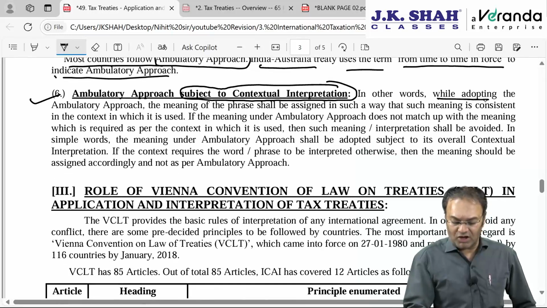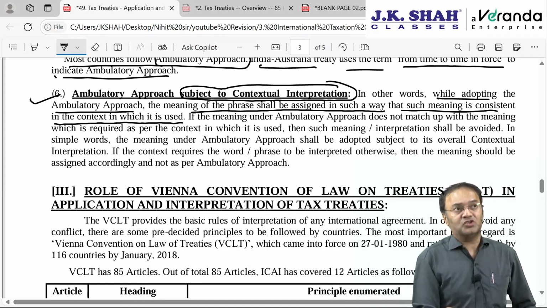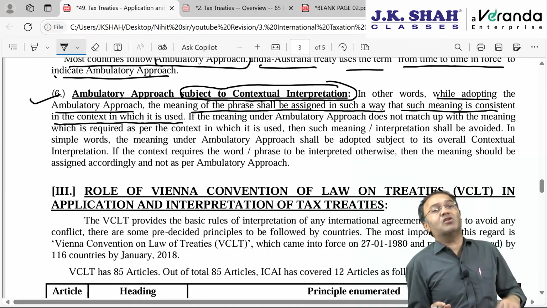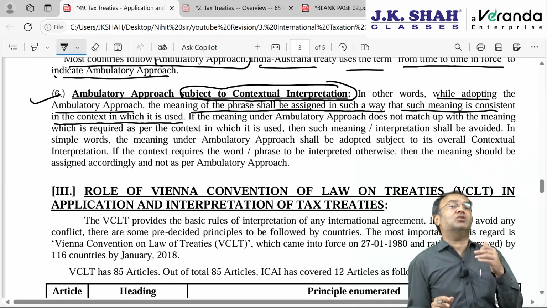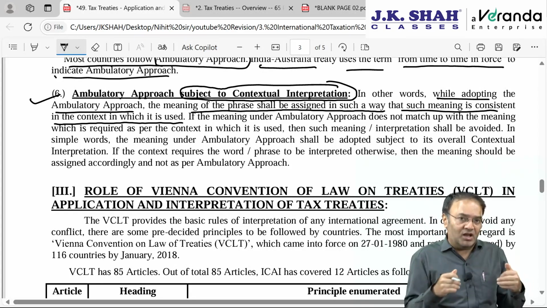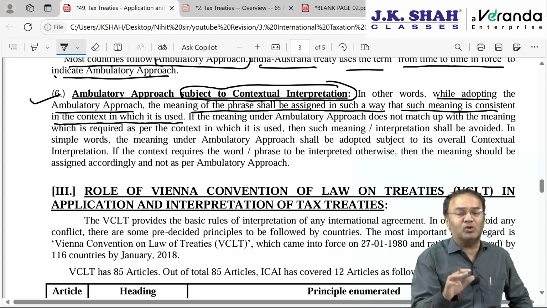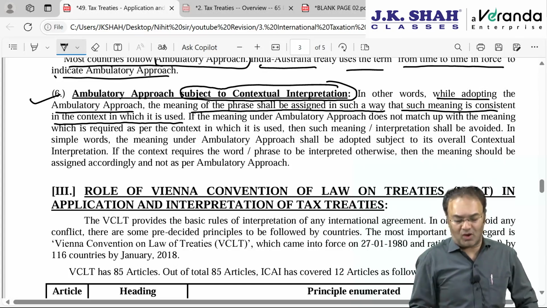So in other words, while adopting the ambulatory approach, meaning should be assigned in such a way that such meaning is consistent in the context in which it is used. So in what context was the telecommunication channel word used in our example? In our example, it was used for exchanging information. So email is fine, but exchanging it through WhatsApp, which can be deleted, which can be manipulated, which can be modified, that should not happen.